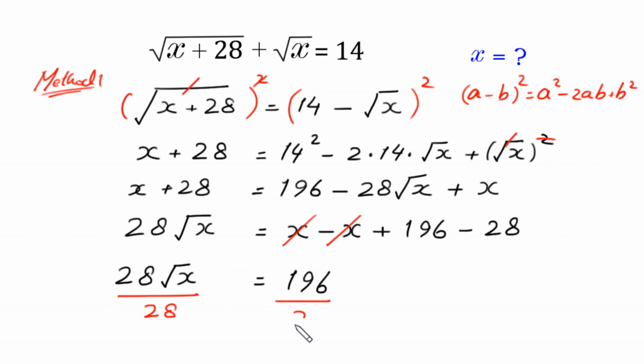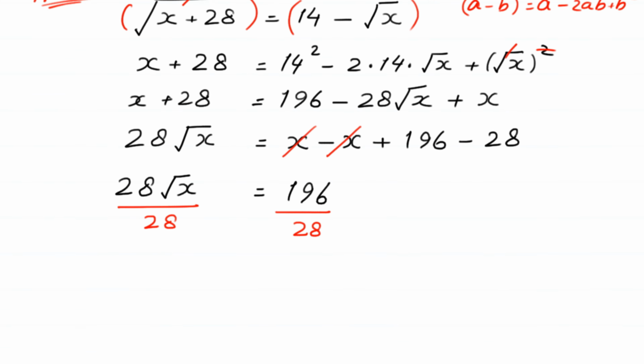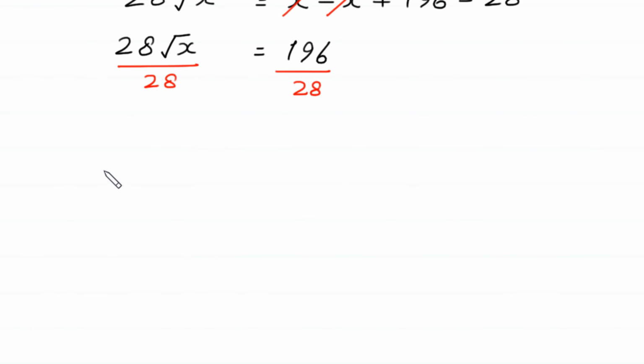Now from here we divide both sides by 28. Now this 28 will be cancelled out with this 28, and at the left side is left square root of x is equal to 196 divided by 28, which is 6, and from here we take the square of both sides.